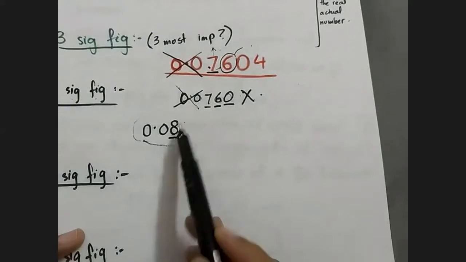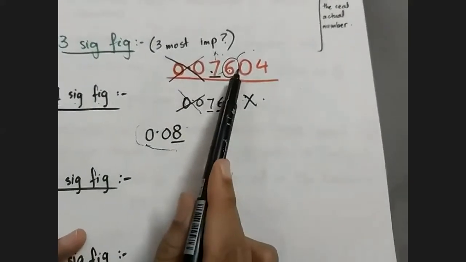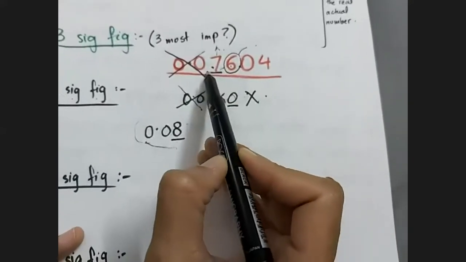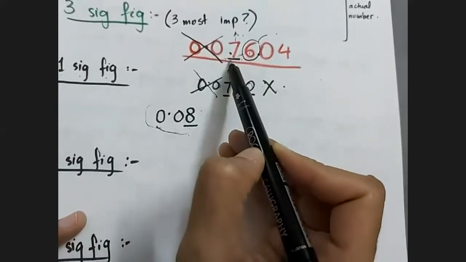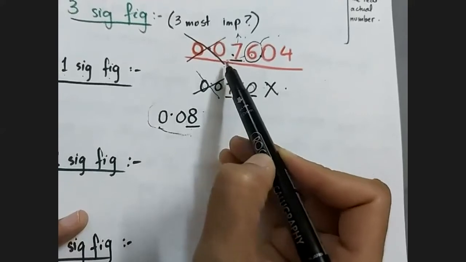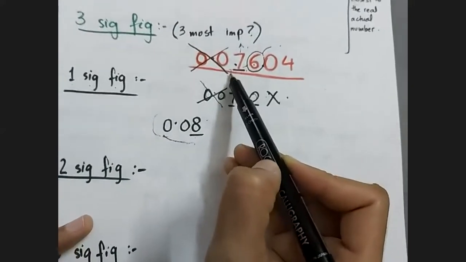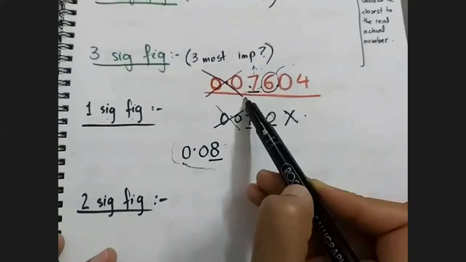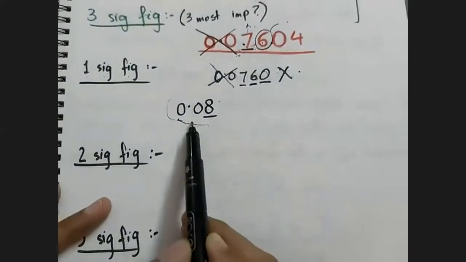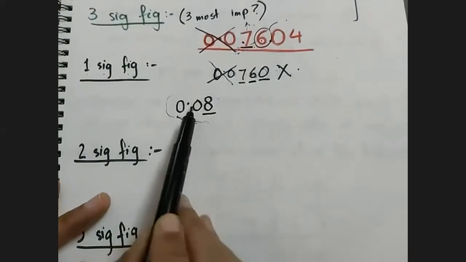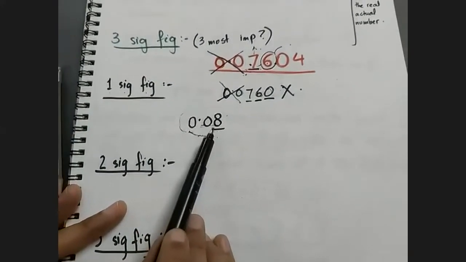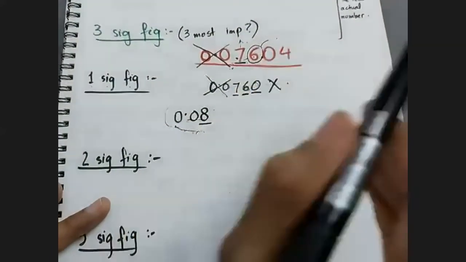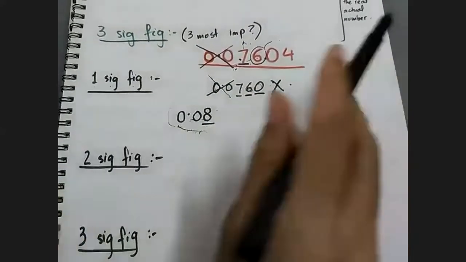The procedure is you start from the left-hand side, from the most significant digit, and you start rounding off from there. The final answer should be closest in value to the actual value that you have. Do you understand that? Is there any question? Ask me.